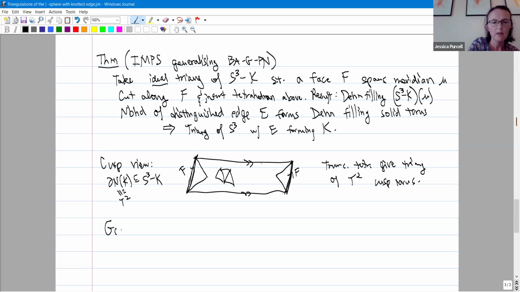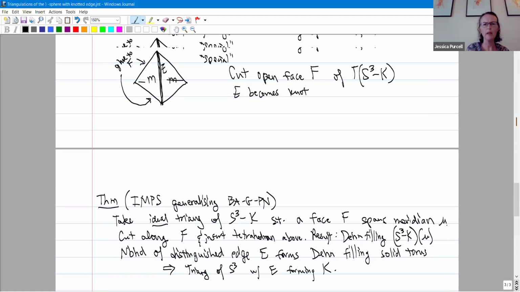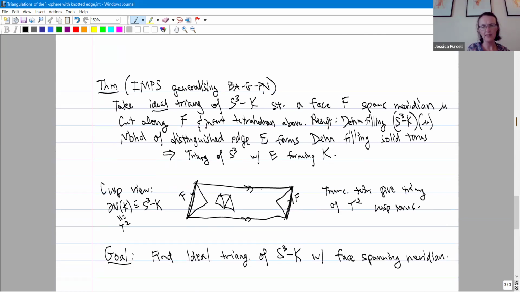All right, so let me write that goal. When we first realized that, I should say, when we were looking through the Benedetti, Garoufalidis, and Nakazawa paper, they have basically a construction that works for all of the twist knots.